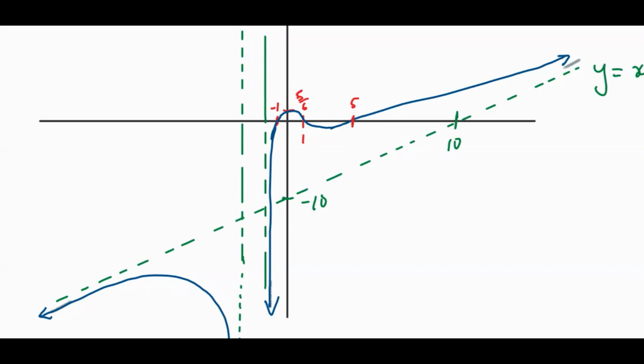So once again, your pieces have to fit. Look what happens. It crosses through this x-intercept, crosses through the y-intercept, crosses back through, then crosses back through and approaches from above. Interesting, yep.